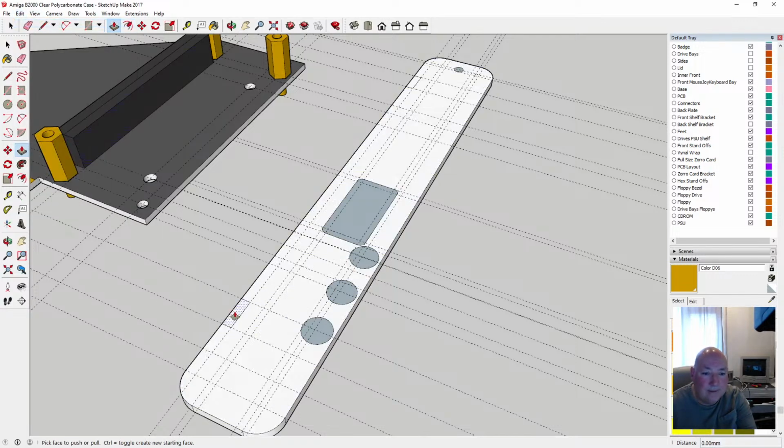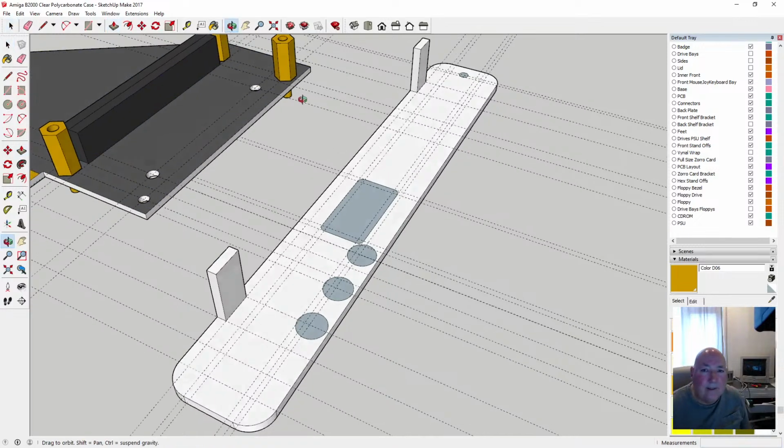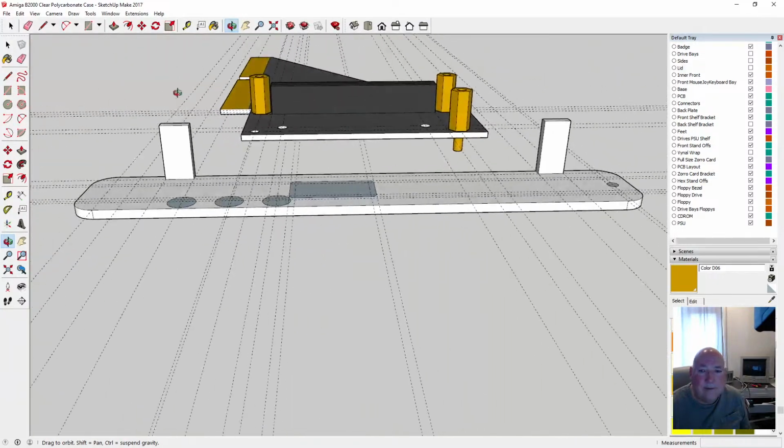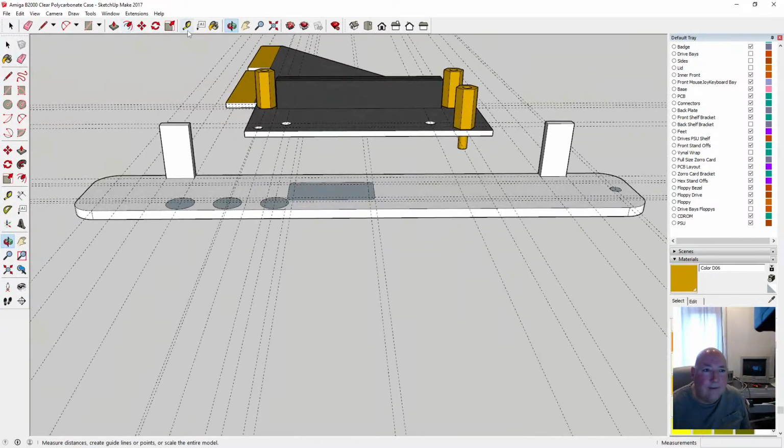Undo. 12.5. 12.5. Okay, and then there's a hole in them. How far is the hole? Let's see where the hole is, from the edge of it. Difficult.